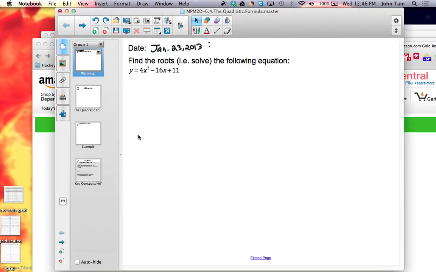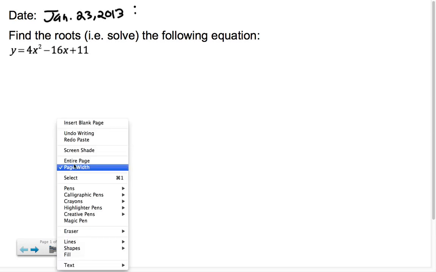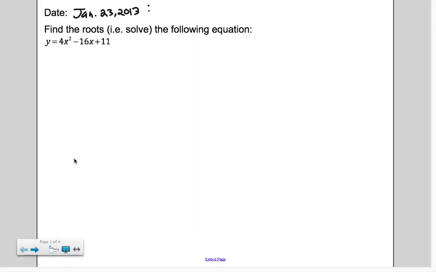The other lesson I want to get to today. Who did this? Who got an answer? Katie, what was your answer? x equals 5/4... square root of 5/4 plus 2.